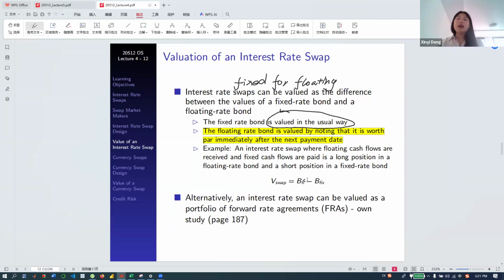And you are paying out the payment of a fixed rate bond. So effectively you have a long position in the floating rate bond and a short position in the fixed rate bond.